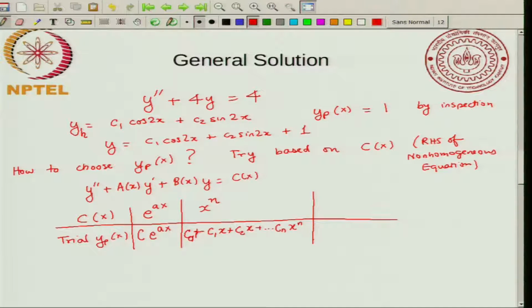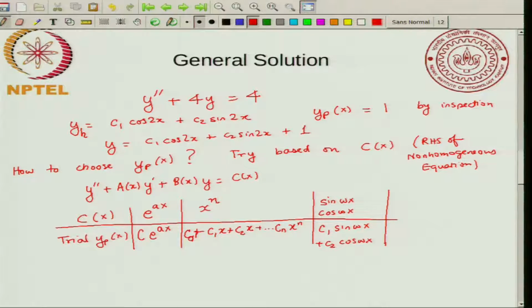Similarly, if you have sine omega x or cosine omega x, in either case you just take your trial function as C1 sine omega x plus C2 cosine omega x, and then you substitute in the differential equation and then you find out the values of C1 and C2.